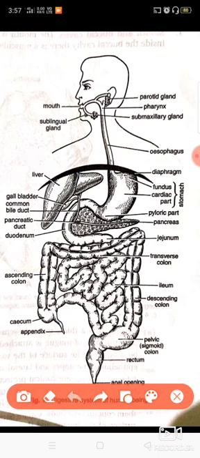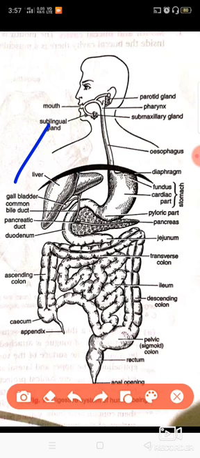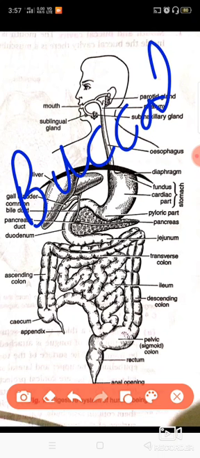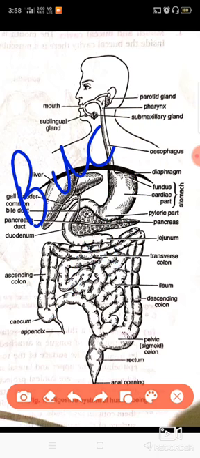And we have the tongue inside our mouth. These are the parts of the buccal cavity. Let me write it first: buccal cavity. This is the first part of the digestive system, which is the opening, and it helps in taking the food inside the mouth.